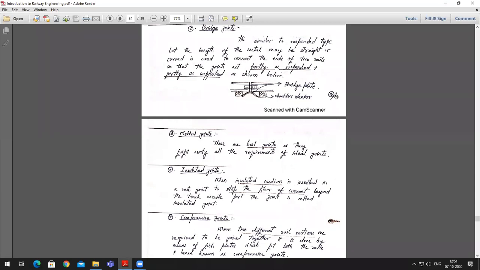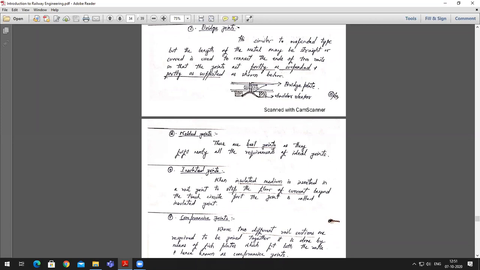The locomotives which work on electric traction have an arm at the top, and this arm is always touching the electric cable you might have seen running above the train. That is what we call the catenary contact.